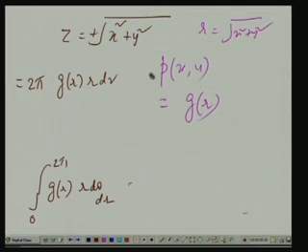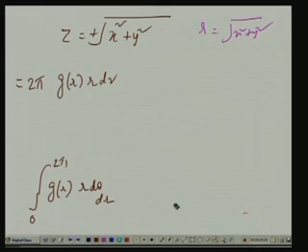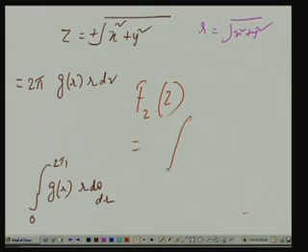That means, what is F Z of capital Z? Here we found the probability of z taking values between r and r plus dr. Now, I have to find the probability of z taking values where r goes from 0 up to capital Z. Then that entire area given by the circle of radius capital Z will be covered.